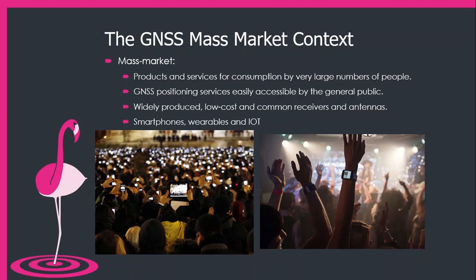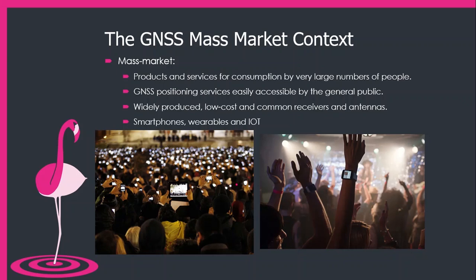As you can see in these images, we've got iPads, smartphones, and also these wristbands, smartwatches, and that is bringing together these very large numbers of users of GNSS services. Easily accessible being a key area to address. But another key factor is these systems are commonly comprised of very low cost and common receivers and antennas. And this can present some particular challenges to deliver high accuracy positioning.